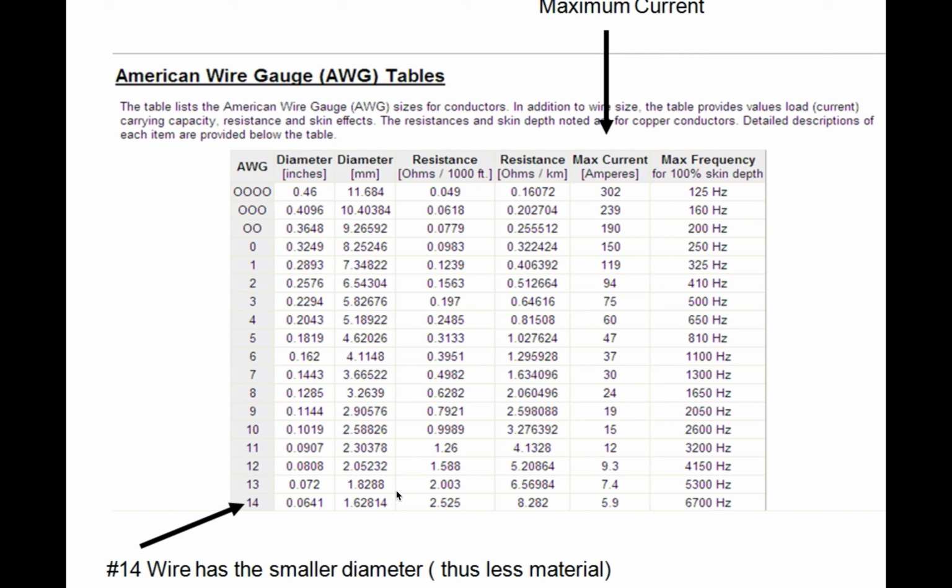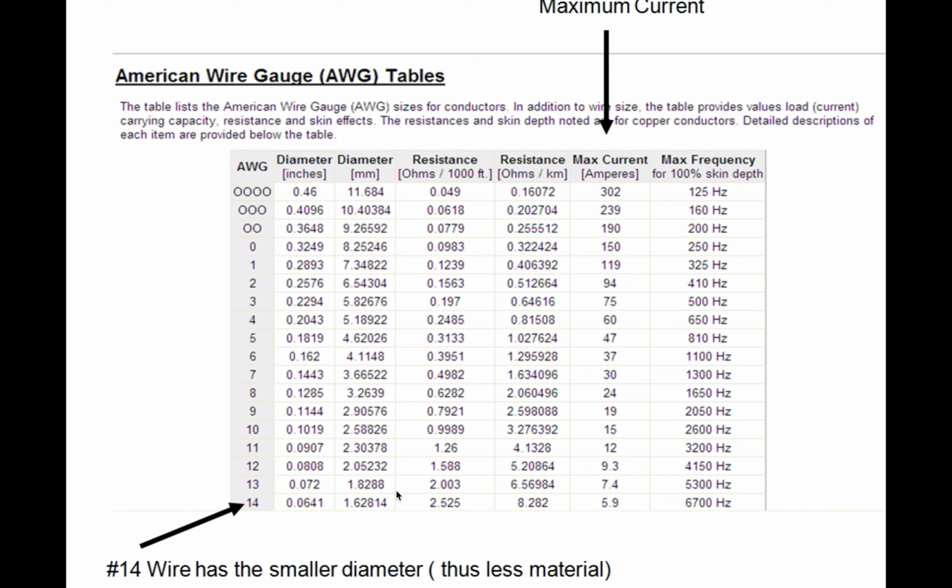Obviously, the smaller the cable, the higher the resistance, because there's not as much area to carry the energy, whereas the bigger the cable, the less resistance because it has more copper to go across. Inversely, with the lower resistance comes the higher maximum current that you can have, measured in amps.